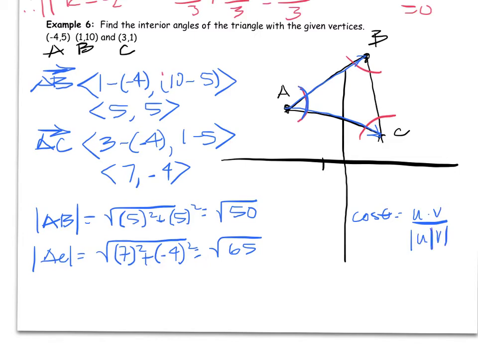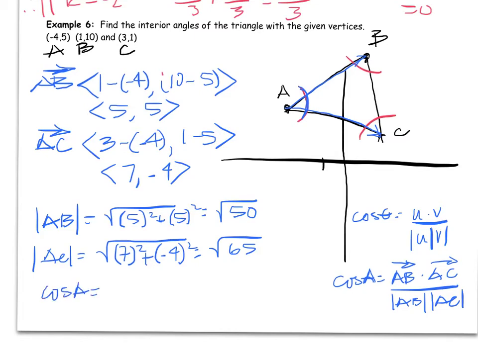So I'm going to find cosine of A. To do that, I need to multiply vector AB times vector AC, all over the magnitude of AB times the magnitude of AC. In order to do that I need to multiply vector AB and AC. That's your dot product, and that's kind of what we were doing before.